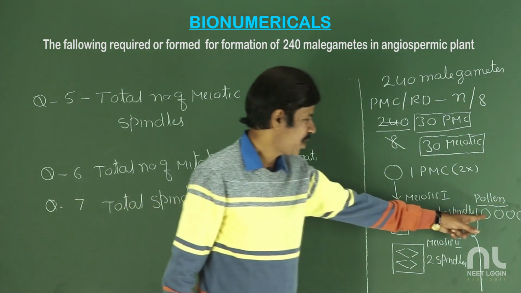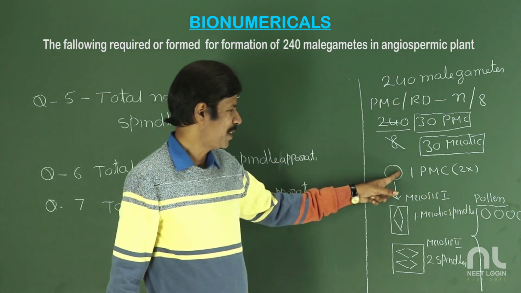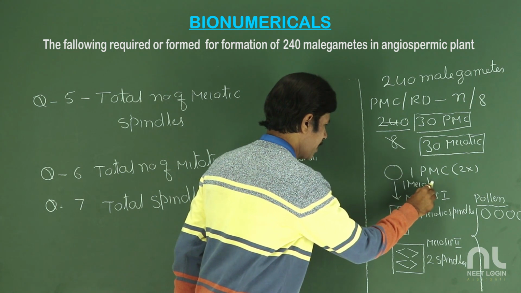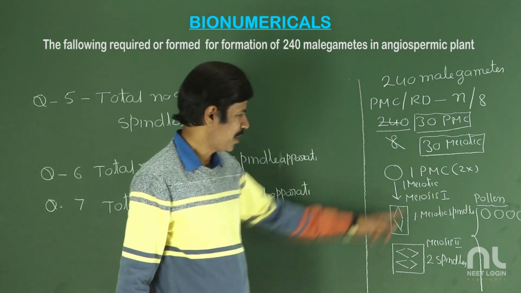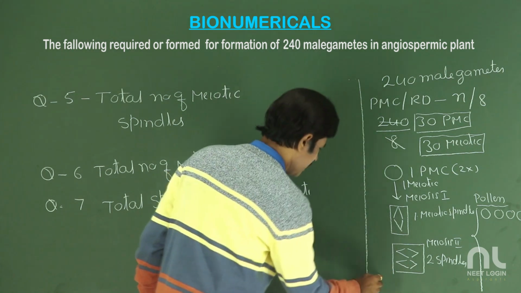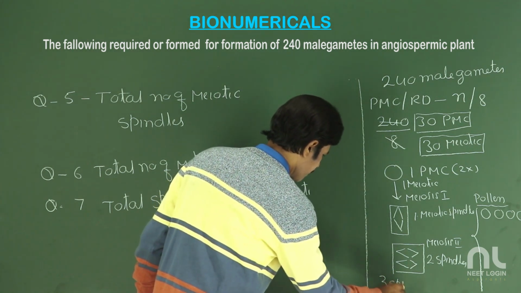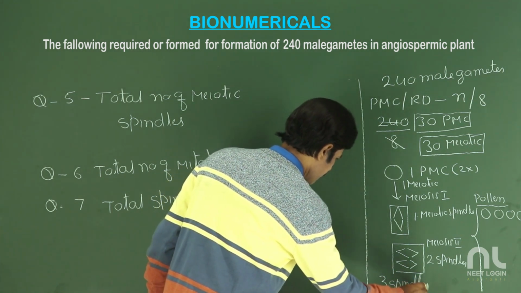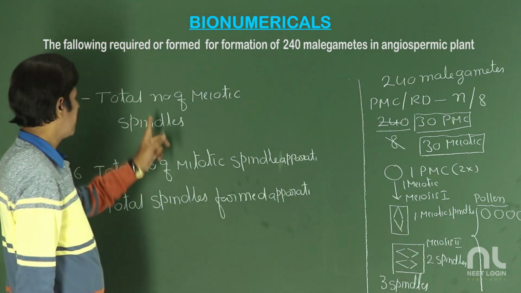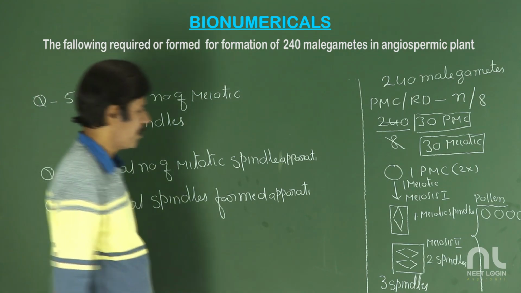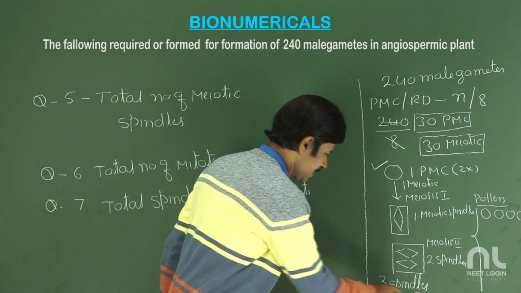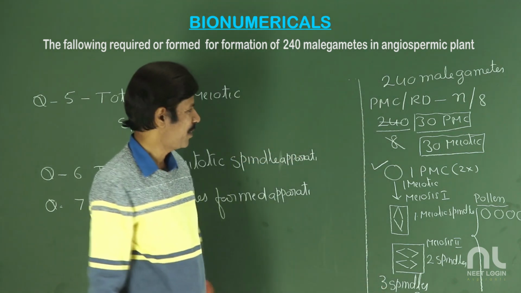So for formation of 4 pollen grains, 1 pollen mother cell, meiosis 1 and meiosis 2, total 3 spindles. So for 1 pollen mother cell, 3 spindles are formed.